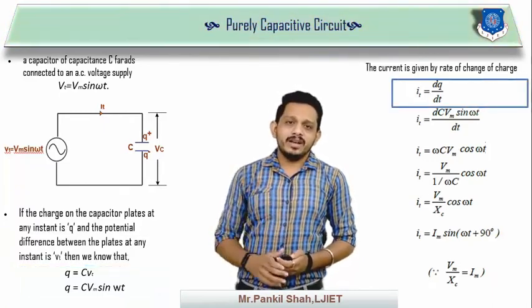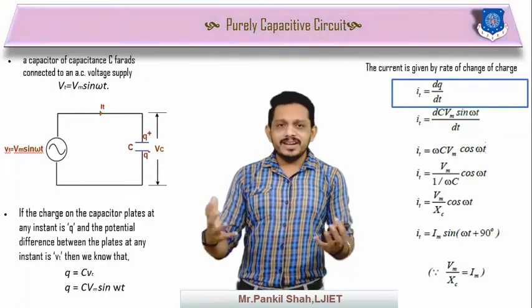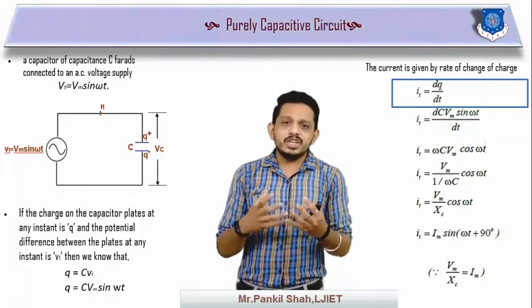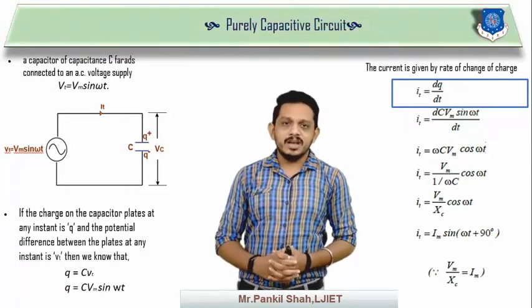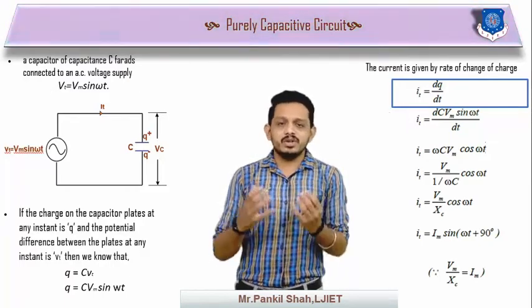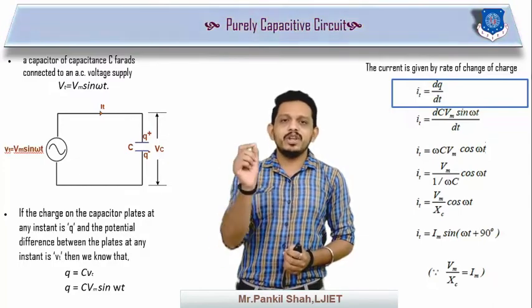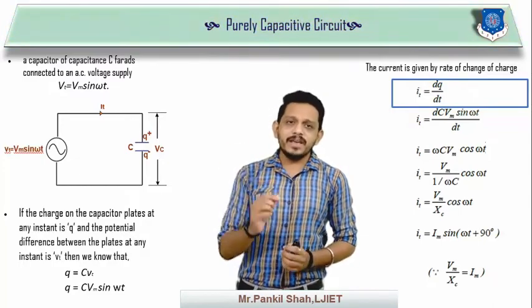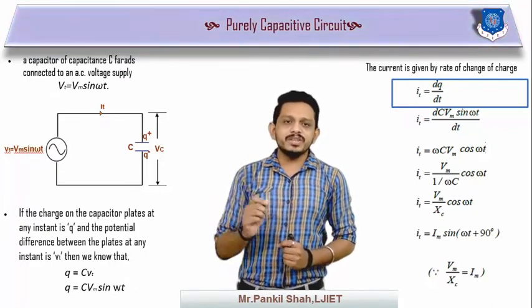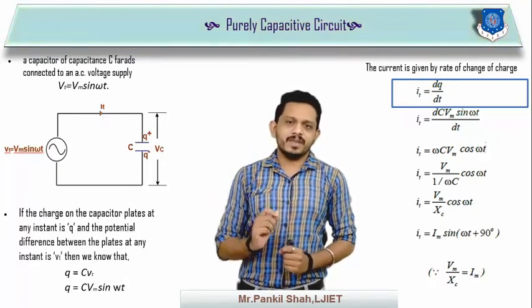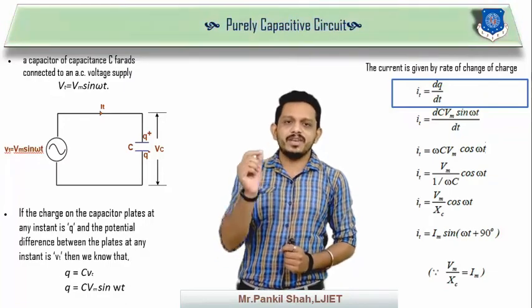Now we know that current is the rate of change of charge passing through an electric circuit. So I = dq/dt. In place of Q, you can put Q = CV, and in place of V, Vm sin omega t.